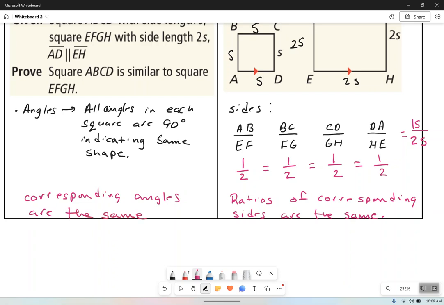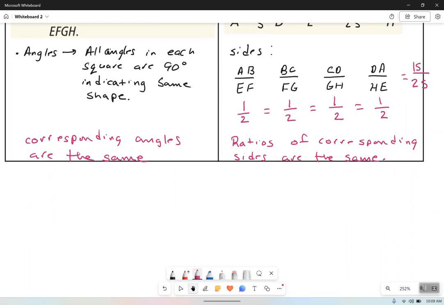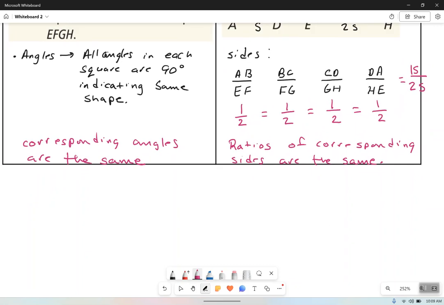If you can show that corresponding angles are the same and corresponding side ratios are the same, then what must be true about the figures? They're going to be similar then, right? Same shape, different size.